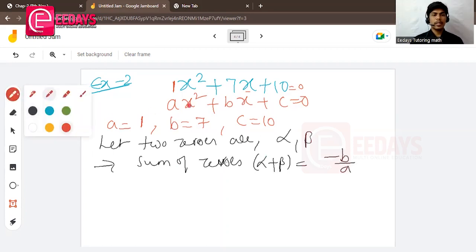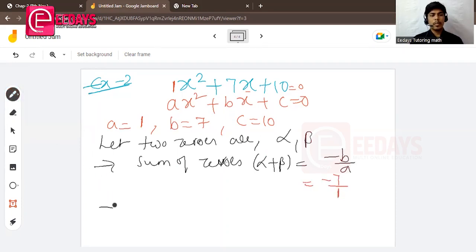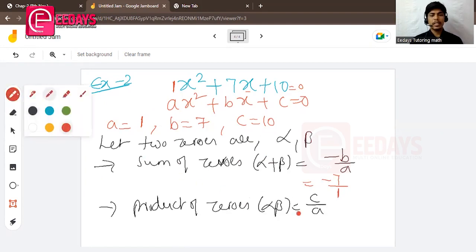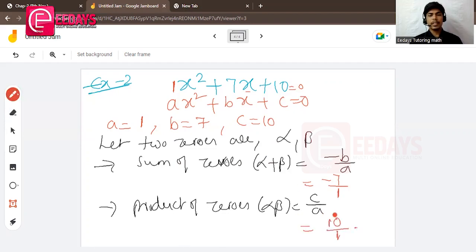What is the b value here? Minus b is nothing but minus 7 by 1. Now the product of the zeros, that is alpha into beta, is equal to c by a. Substituting the values, c here is 10 and a here is 1, so 10 by 1. Just stop here.